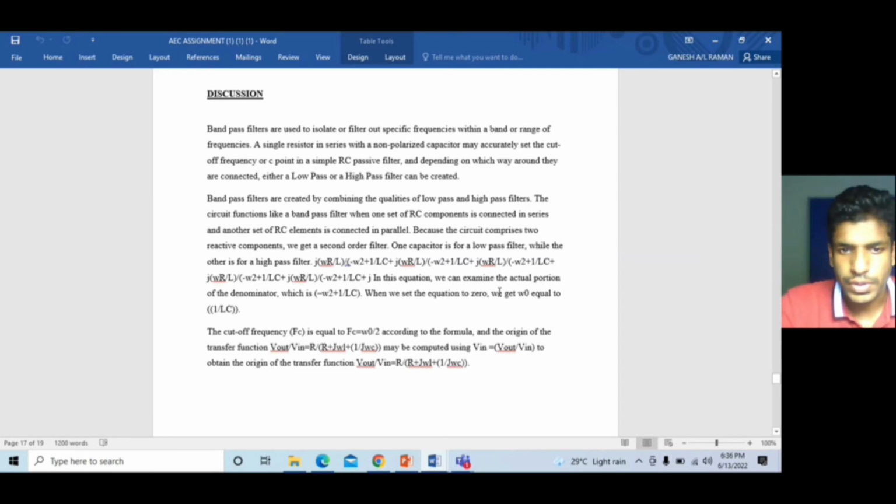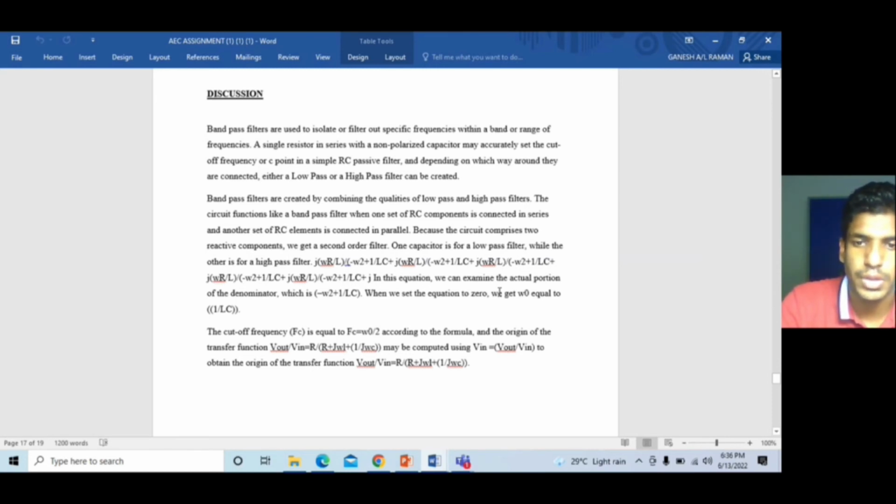Then the cutoff frequency is FC equal to omega naught over 2 pi according to the formula, and the origin of the transfer function formula is V out over V in equals R over R plus j omega L plus 1 over j omega C.